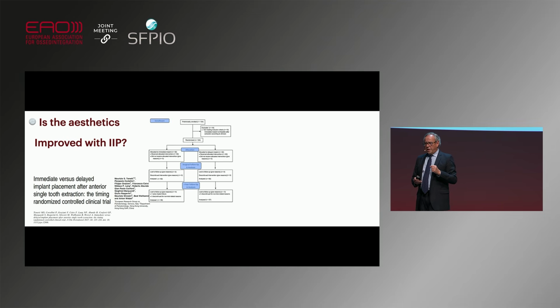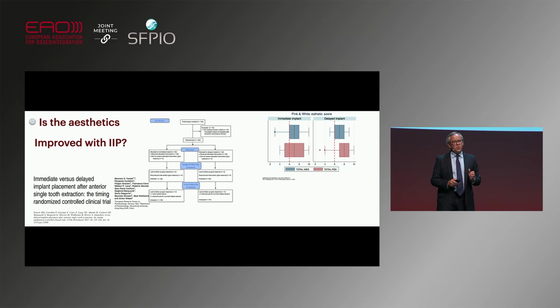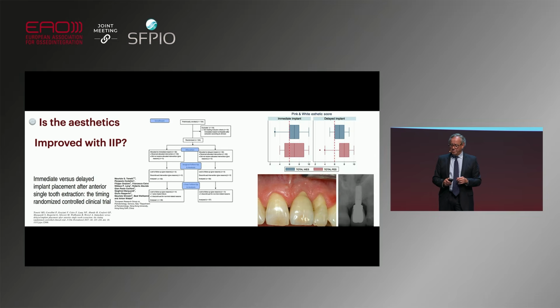So they followed these patients 1 year later, and they compared many different variables between immediate and delayed. And what they saw is that the significant difference was the aesthetic outcomes. And you can see here the results of the pink and white aesthetic scores, and you see the mean in the total WES and the total PES, and you see very clearly that the delayed implant had higher scores, significantly higher scores than the immediate implant.